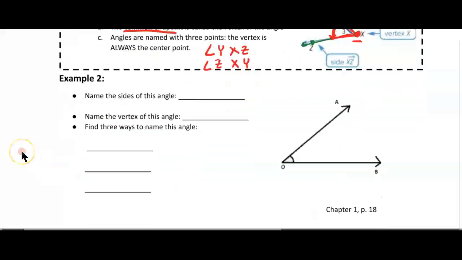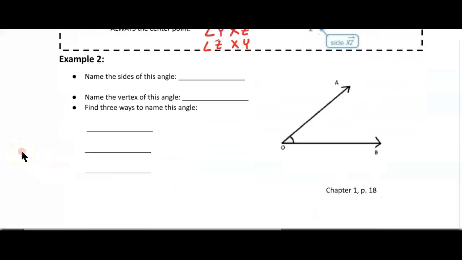So let's look at another example. We want to name the sides of this angle. Sides of an angle are rays. I'm going to have one ray and another ray, and they're going to start at the common endpoint. So both of these will start with O because both rays have to have the same common endpoint.